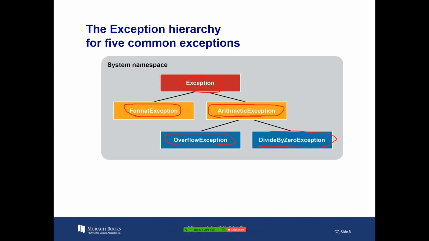And then this divide by zero exception: the microprocessor is able to recognize when the divisor in a divide instruction is 0, and it's akin to an overflow exception, because if you divide anything by 0, it's infinity, which of course is too big a number for the microprocessor to be able to store.